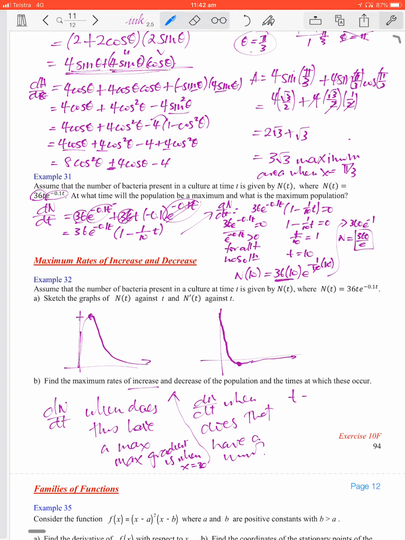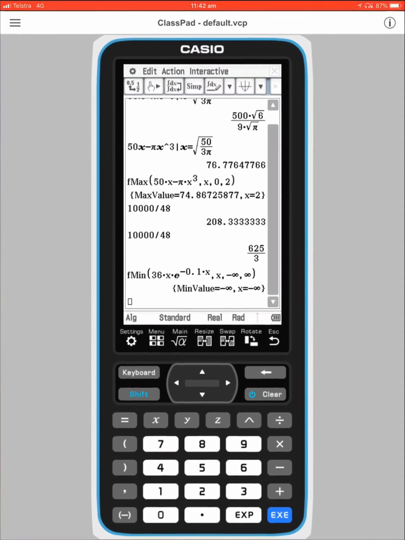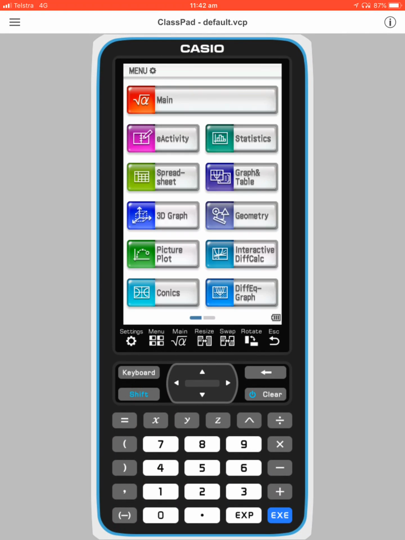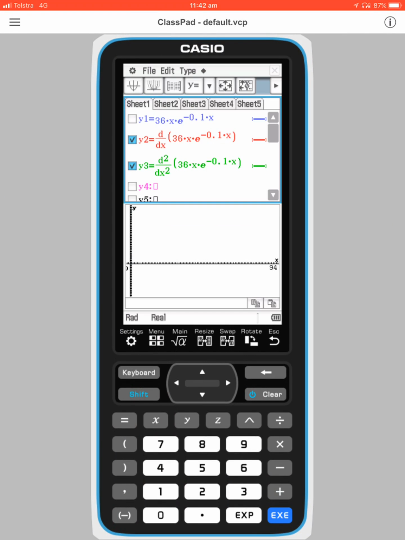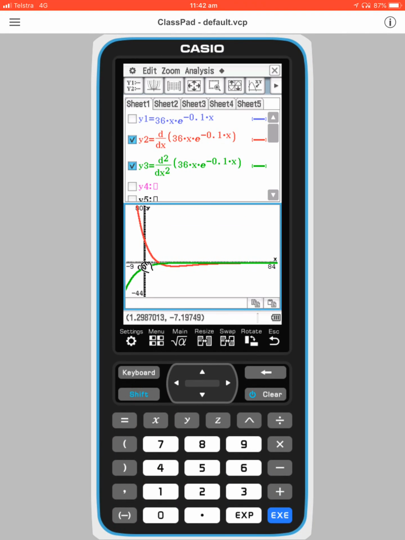The maximum rate of decrease occurs when t equals 0, because that graph, it's an absolute value, because the minimum occurs right there. So that's when the maximum rate of decrease occurs, at that point there, which is when t equals 0.